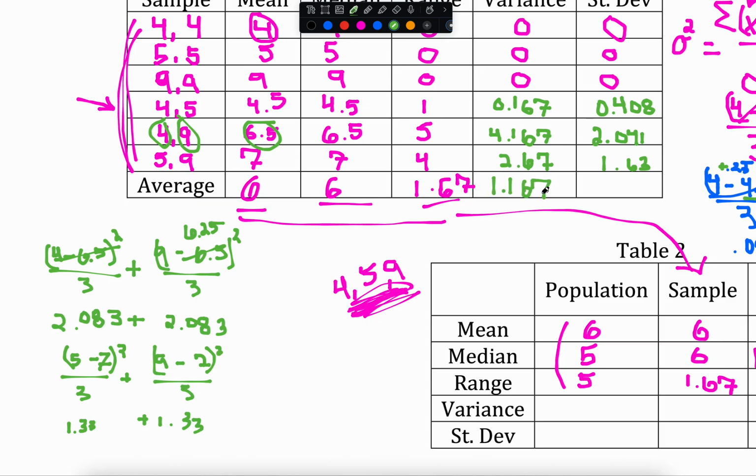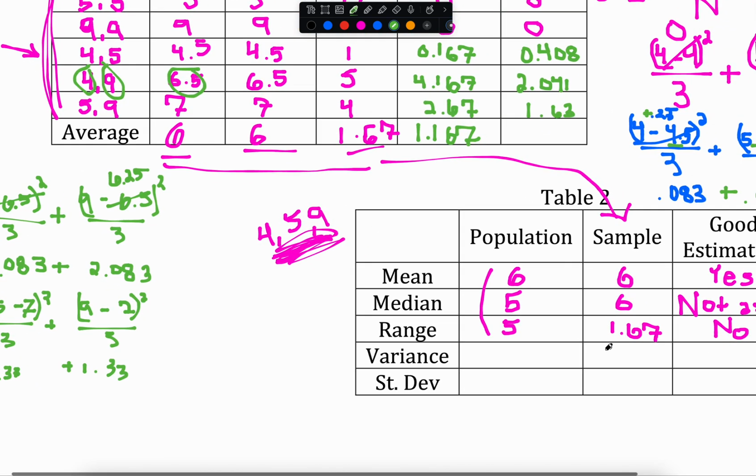Okay, I'm going to put that in my totals down here for sample, 1.167. Okay, all right, here if I add my standard deviations together, 0.408 plus 2.041 plus 1.63 divided by 6, I get 0.680 if you round.